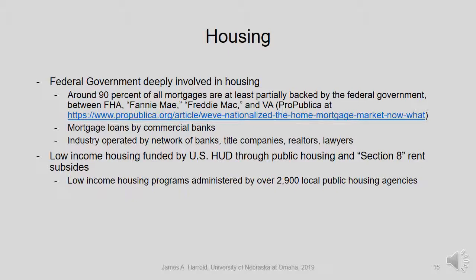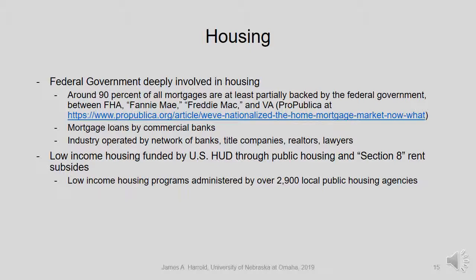And then there's housing. When I say housing, I'm talking about two subjects here. One is just how do people buy houses? If you want to buy a house and you want to get a mortgage loan, unless you pay for it in cash, which you probably won't, chances are that mortgage loan is going to be backed by the federal government.